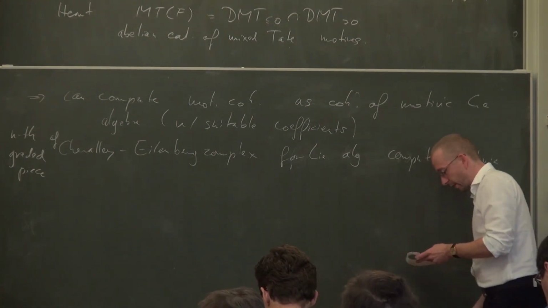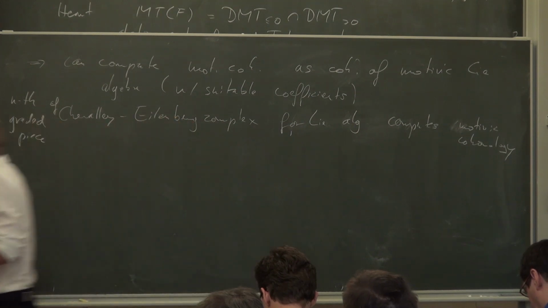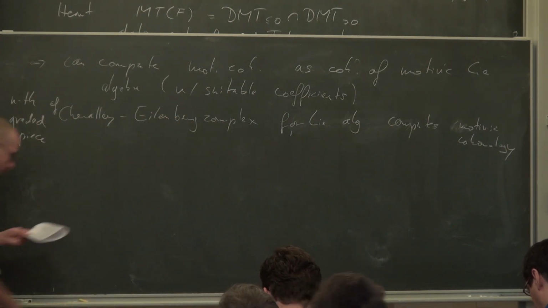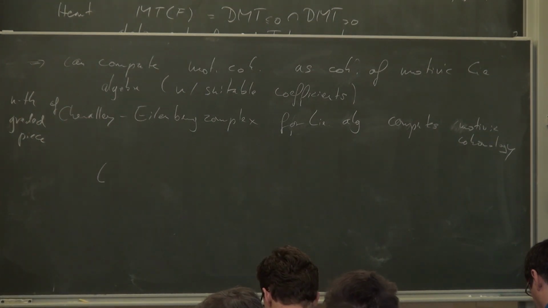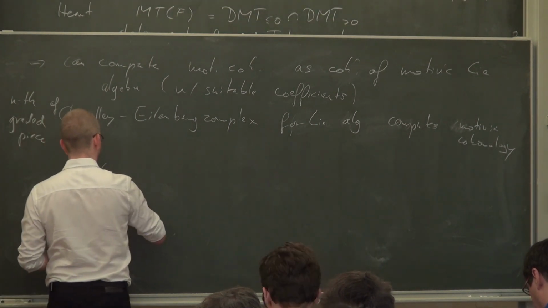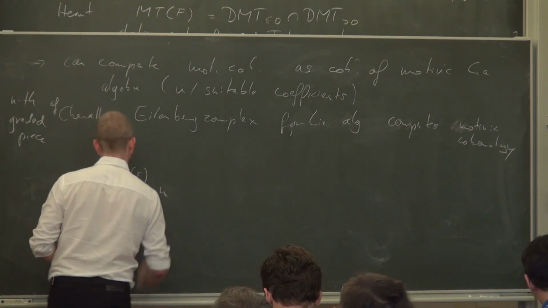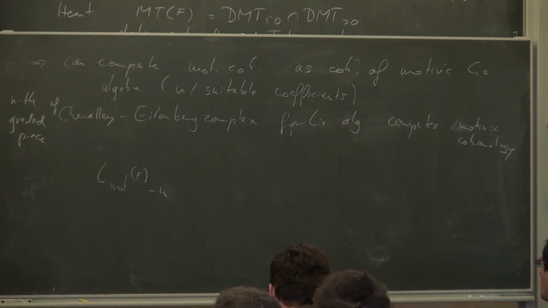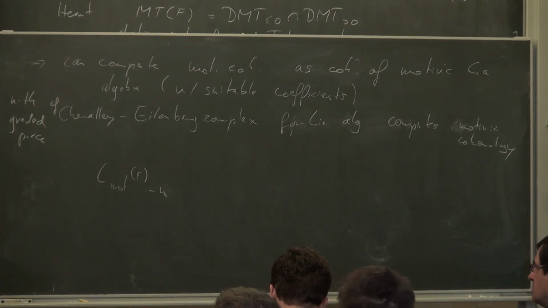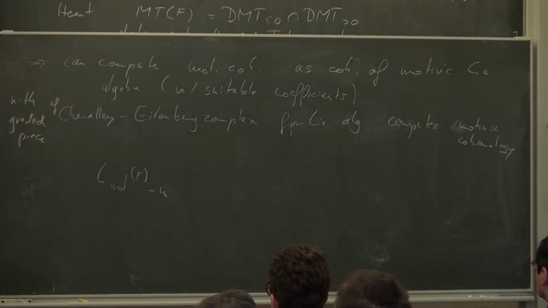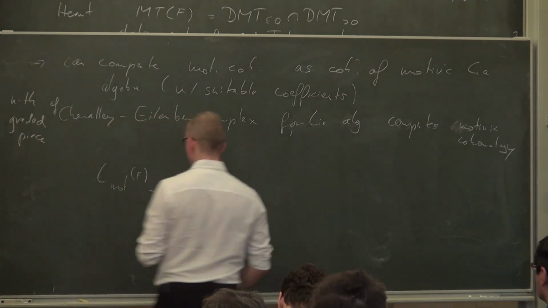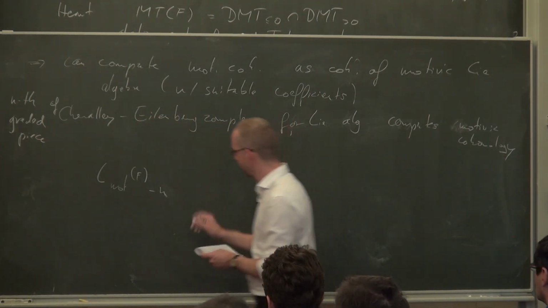And then this complex, from what we know, that we have a graded Lie algebra, we can write down something about this complex. You know that it's given essentially in terms of exterior powers of the Lie algebra. And so we take the L mod F in degree minus n, because the way the morphisms go in the category of motives, you can only go from Q to Q(n) if n is positive. It eventually means that this Lie algebra sits in negative degrees. So we're talking about the negative degrees here.